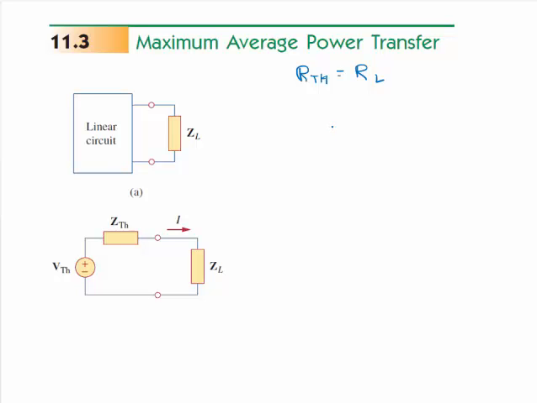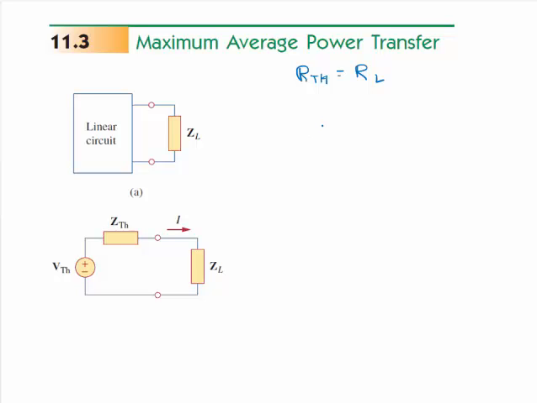And the exact same thing is going to apply when we're doing Z's instead of R's. The only difference is that there's going to be a complex conjugate of Z involved, because when we're dealing with power, we end up having voltage times current complex conjugate.